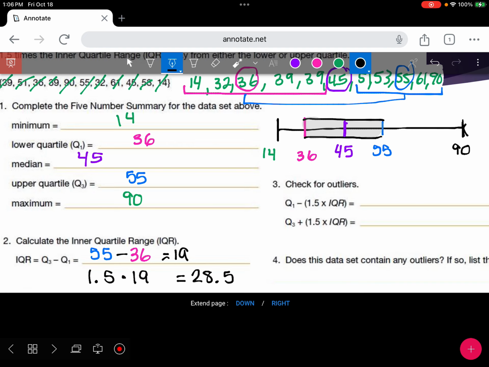So then the barrier that decides if we have an outlier or if we don't is, I'm going to say, if I go 28.5 in this direction from my Q1, do we have any values? So we check our 36, our Q1, and we're going to take away that 28.5.